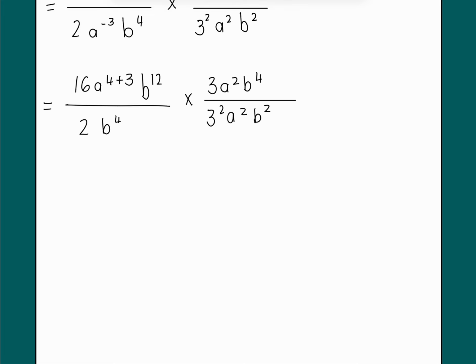Now what you need to do is bring all your exponents to the larger exponent. So what I mean by that is, as you can see on top, I have a power of 7, and in the denominator, there's no power of a. Here, I have a power of 12. In the denominator for b, I have a power of 4. So I'm not going to bring the 12 down, because then I'm going to land up with a negative exponent, negative 8.